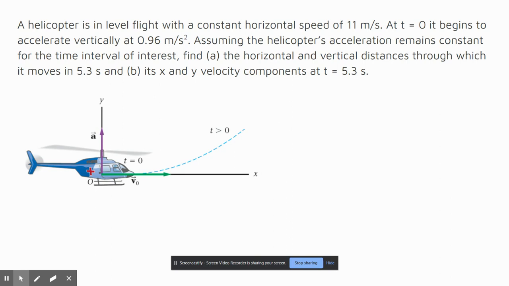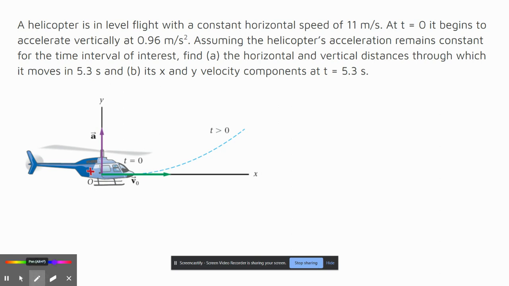So in this problem, we don't have an angle. It says that the helicopter is traveling in the horizontal motion, and it says there's a horizontal speed and that there's a vertical acceleration. So this is going to make this problem a little bit easier.